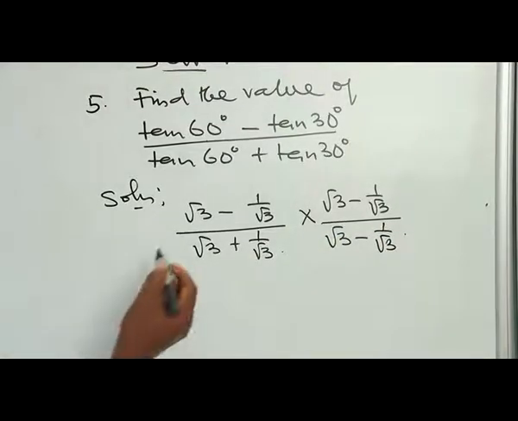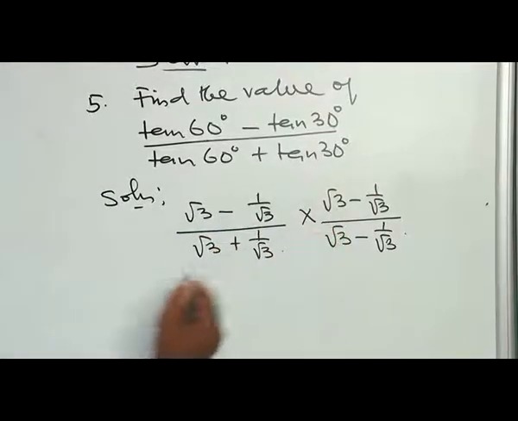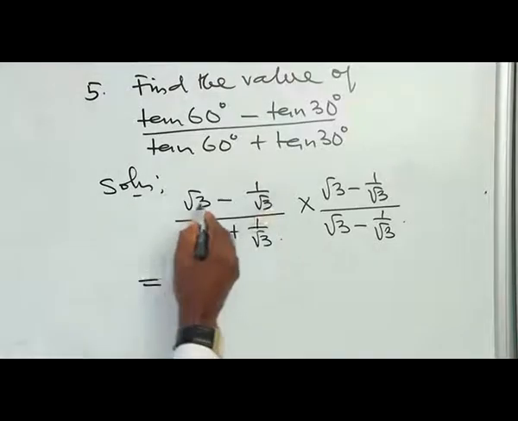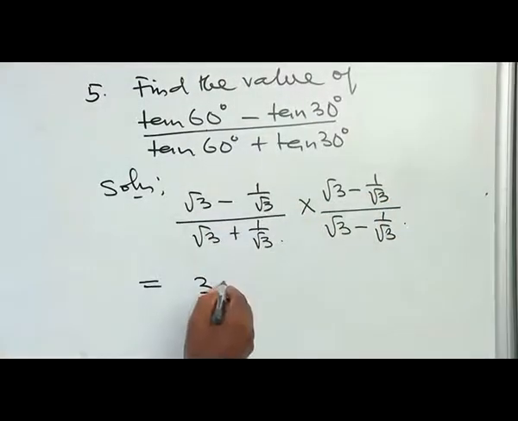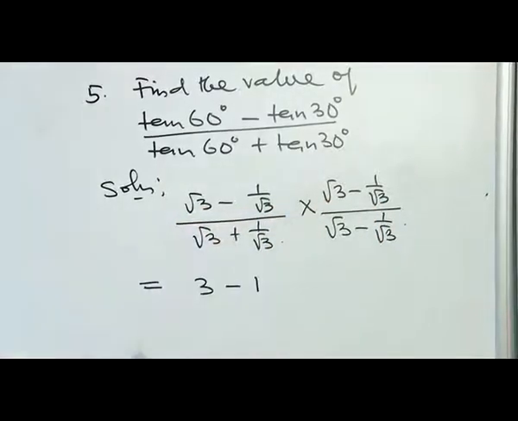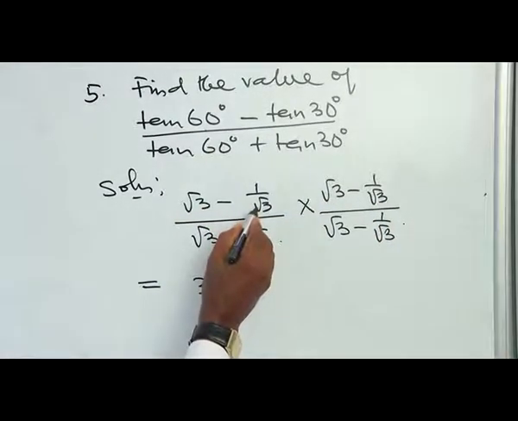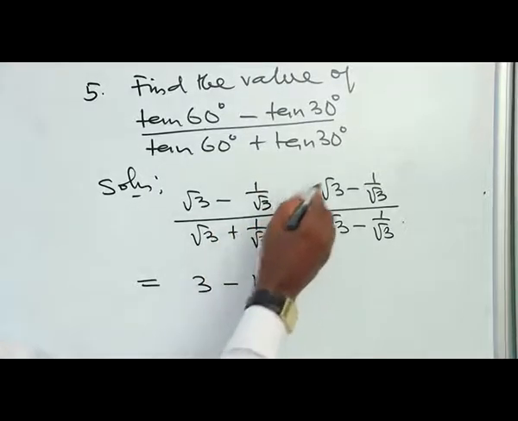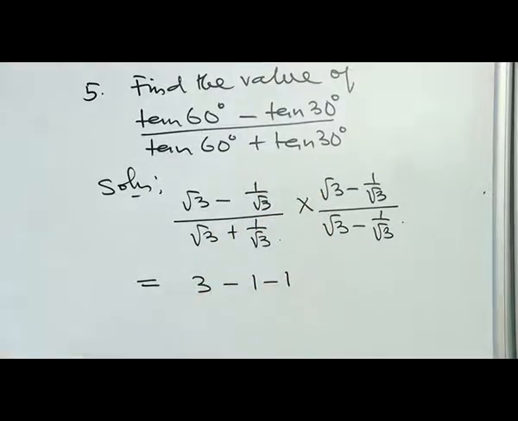The result of this will be root 3 times root 3, which will give you 3. And root 3 times minus root 3 will give you minus 1, because root 3 will cancel root 3. Then you take this and expand. 1 all over root 3 times this will also give you another minus 1.